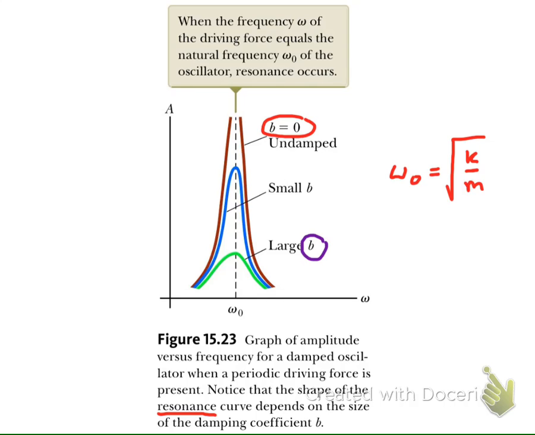This phenomenon is very important in practice. When you study physics 2, or more advanced courses in electromagnetic theory, you will see that some electronic circuits, like a radio circuit, are like an oscillatory system, or an oscillator. It's like a mass-spring system, and the radio signal is like the external force.